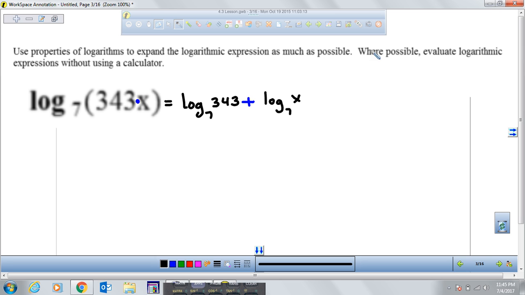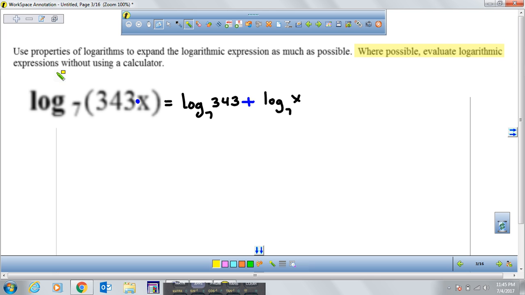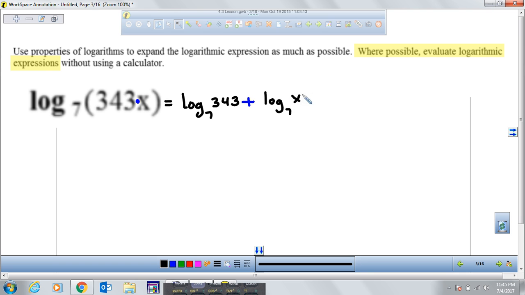Now, one more thing that we need to try to do is, where possible, evaluate logarithmic expressions. We cannot evaluate this second expression because that one contains an x. The one that we could evaluate is the first log. Remember what we covered in the first part of the lecture in section 4.2.